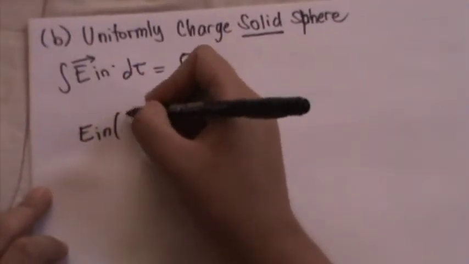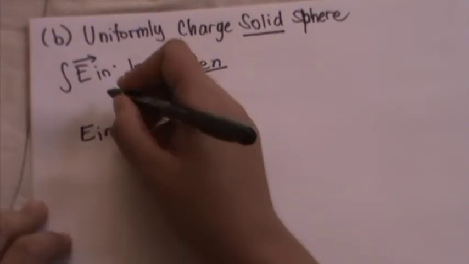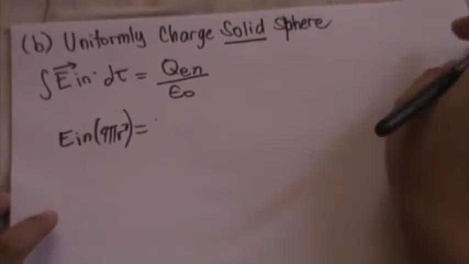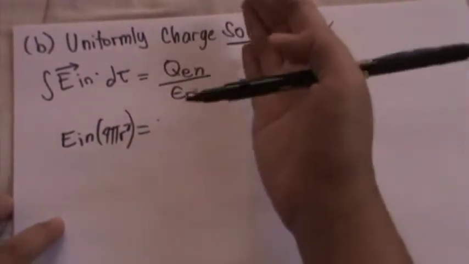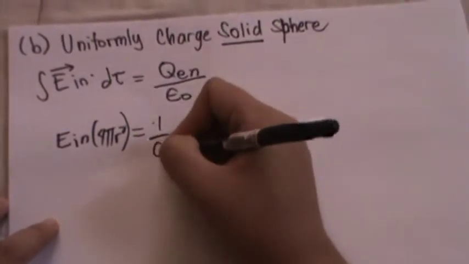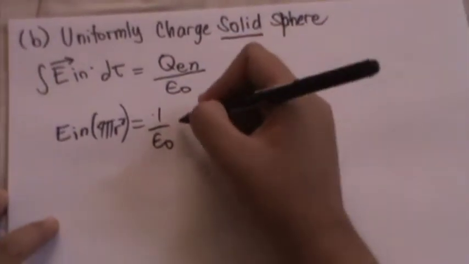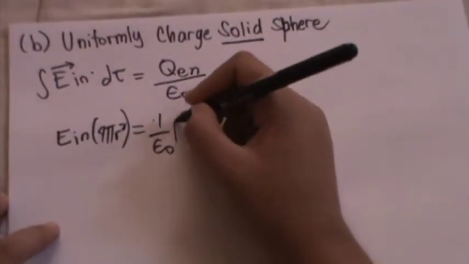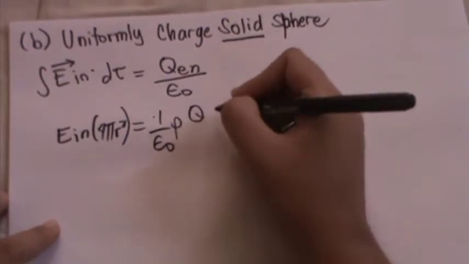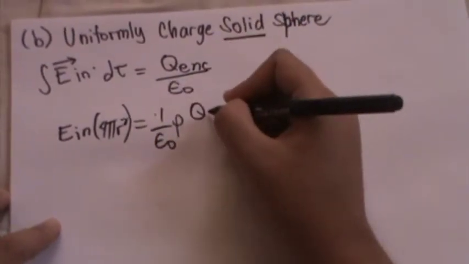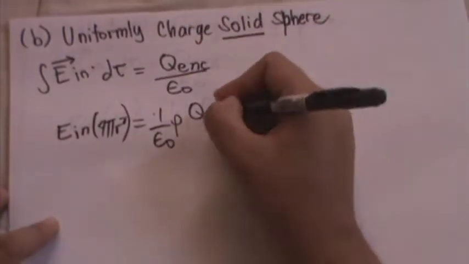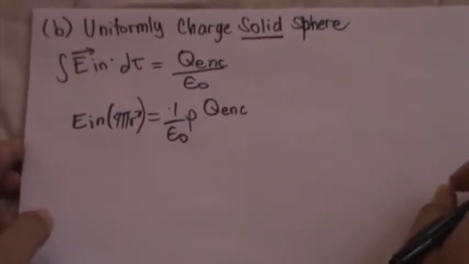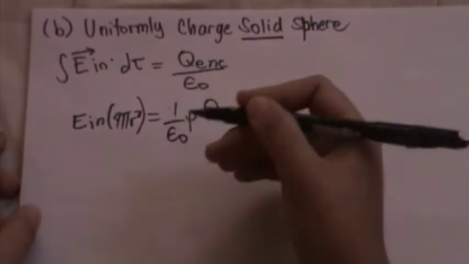Electric field inside, the same area of the sphere, 4 pi r squared. We will try to separate epsilon naught from the charge enclosed, and we'll have a symbol for rho, and we succeeded with separating. So the value for Q enclosed, recall your formula, and we'll also manipulate this one.